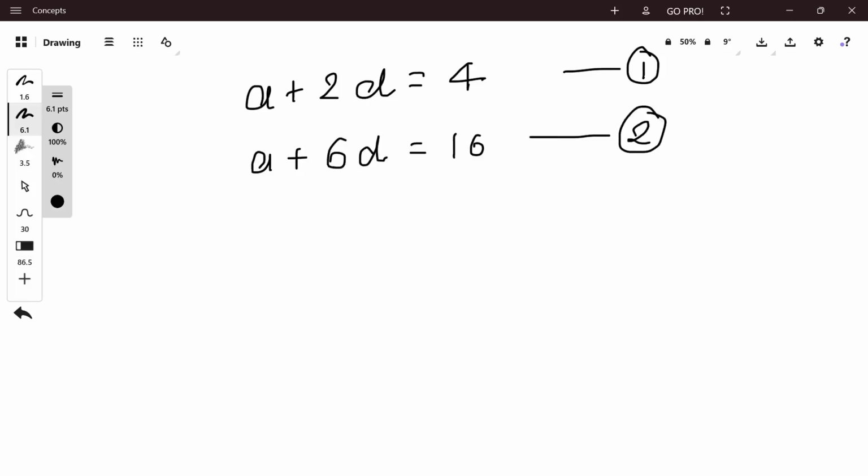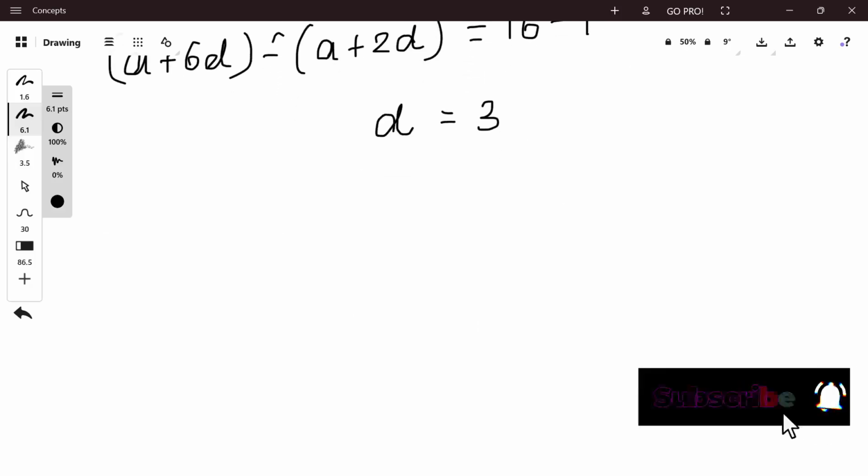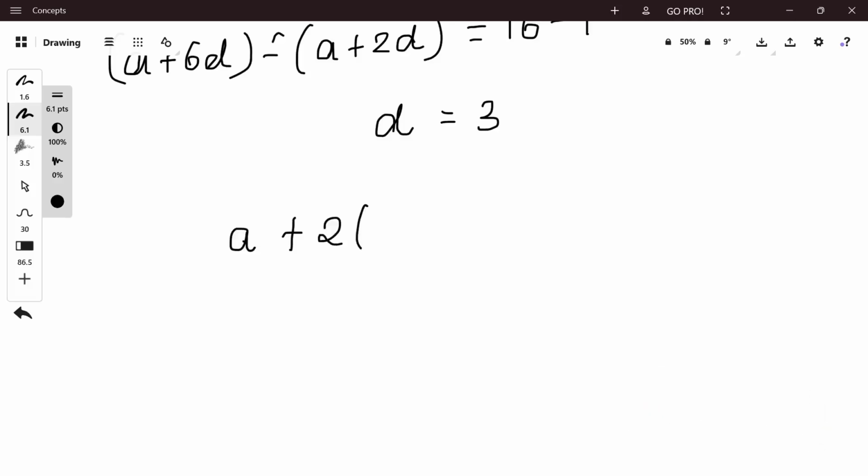That is equation 2. Subtracting equation 1 from equation 2, that is a plus 6d minus a plus 2d is equal to 16 minus 4. That gives us d is equal to 3. Substituting d is equal to 3 in equation 1, we have a plus 2 into 3 is equal to 4.